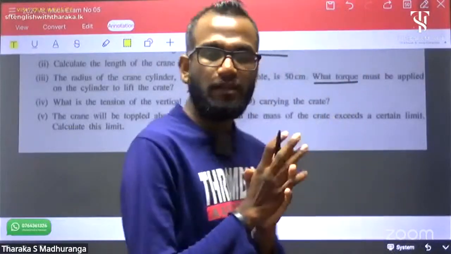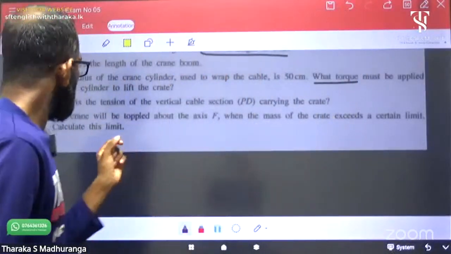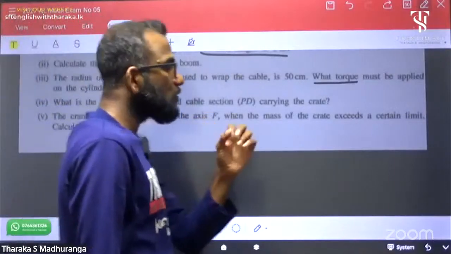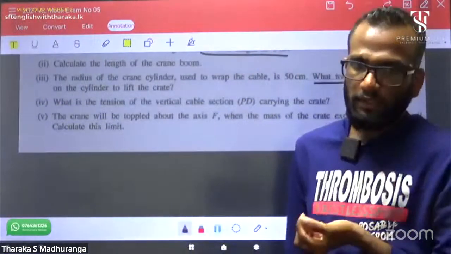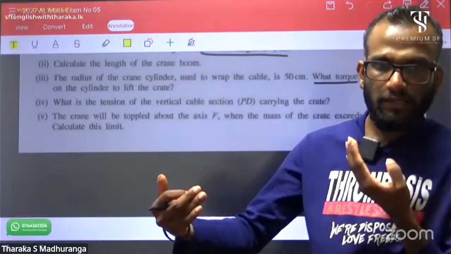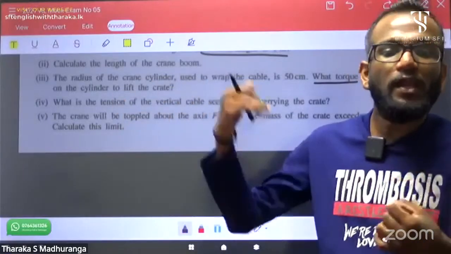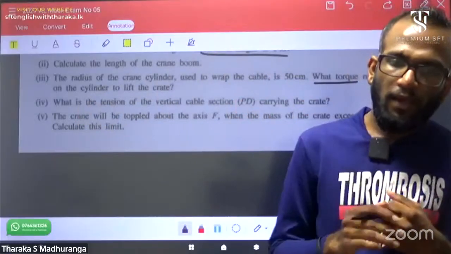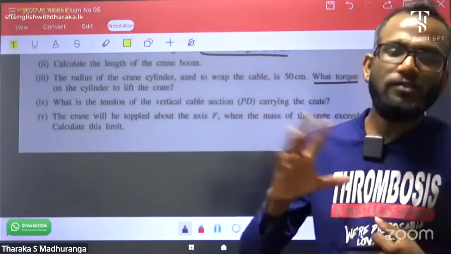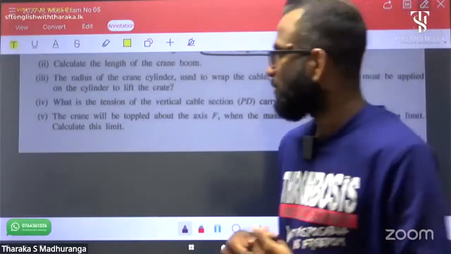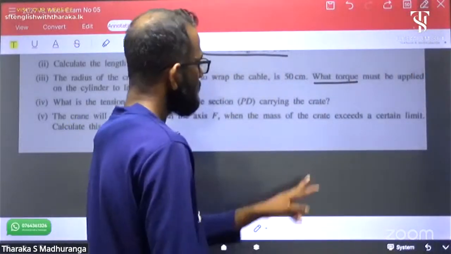If it exceeds that limit, the crane will be toppled, rotating, right? It will be unbalanced. That's the actual meaning. Calculate this maximum limit. Very simple, maybe.